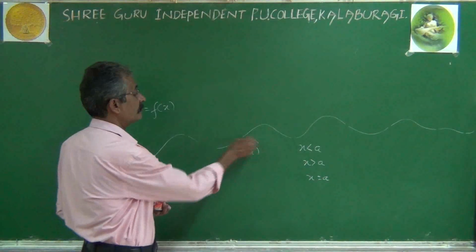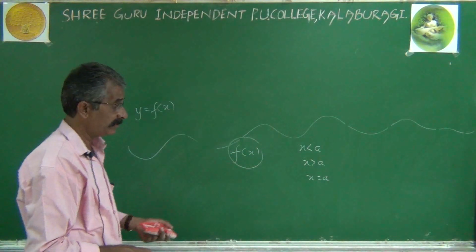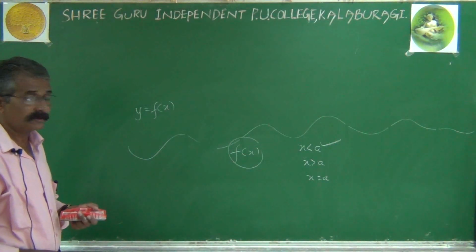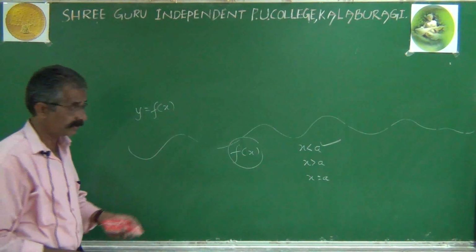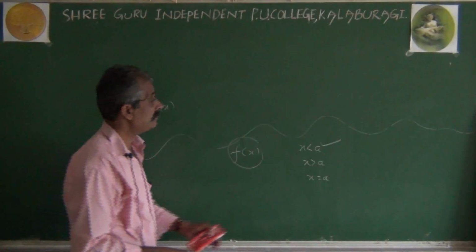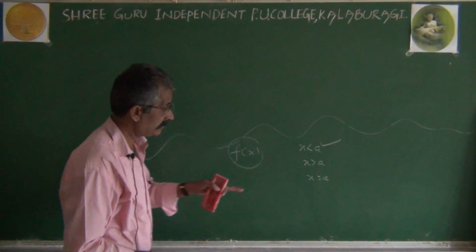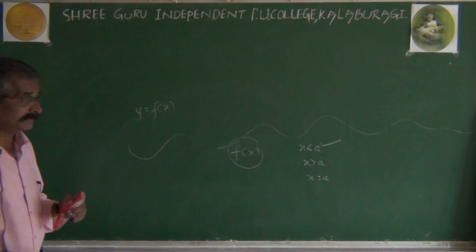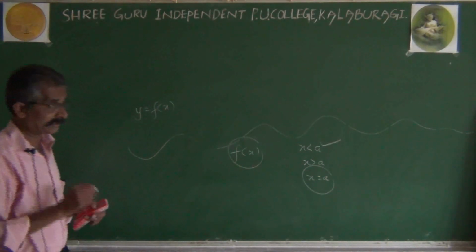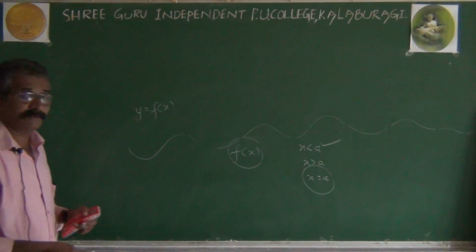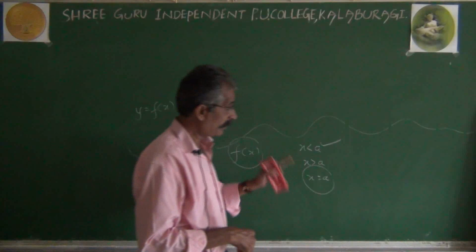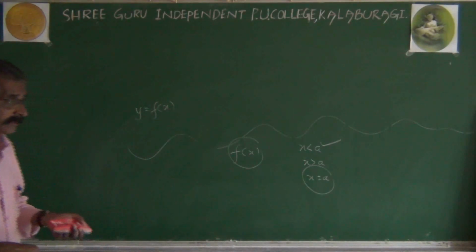Suppose your function f(x) is an algebraic polynomial, easily we can say that for x less than a, the given function is continuous because by means of standard result we know that every algebraic polynomial is always continuous. Similarly, for x greater than a, we shall decide whether the given function is continuous or discontinuous. Only at x equal to a, we have to work out correctly, by means of LHL as well as RHL, to decide whether this point is a point of continuity or a point of discontinuity.